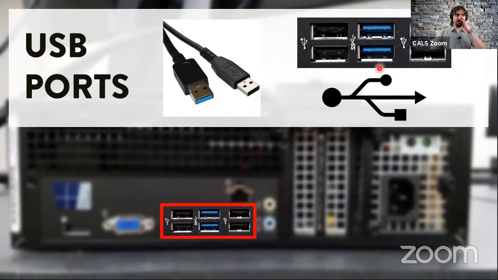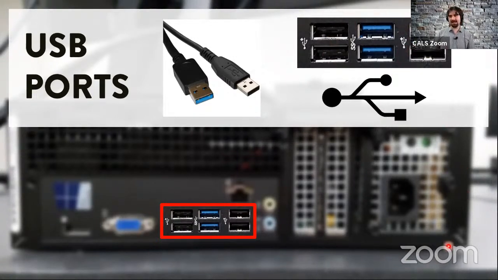The ones in the middle are USB 3 or SuperSpeed ports. Yes, that's what this SS stands for next to the little USB symbol here: SuperSpeed. It's a little silly, but that's what it's called. And they do exactly what they say. They are a lot faster at transmitting information than these USB 2 ports on the outside.